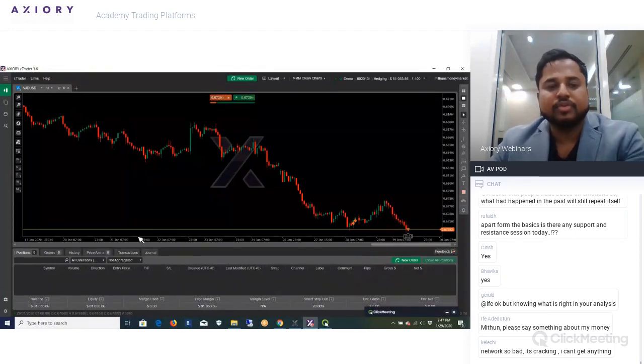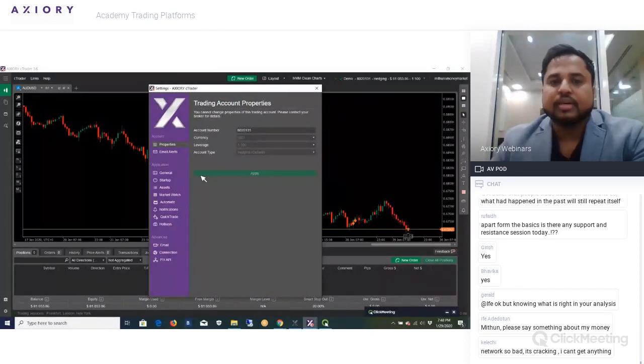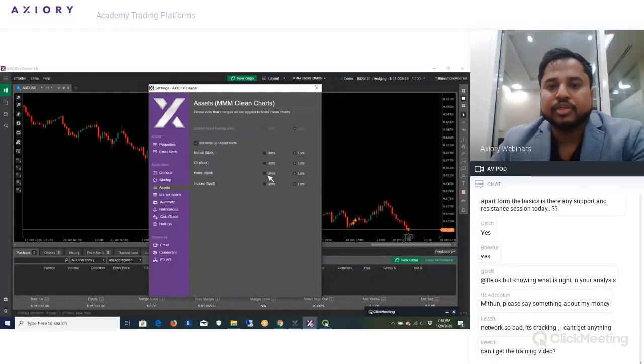And if you want to set the lot size, there is an option here, because some people are used to trading in volumes and some in lot sizes. So you can go to here, assets, and you can put as units.